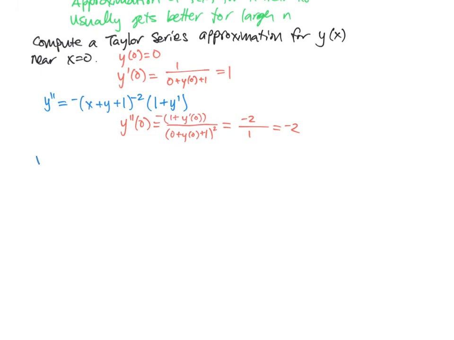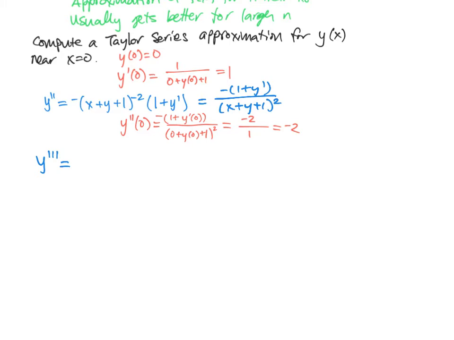And so we can compute y triple prime, which is going to be equal to, let's rewrite this as negative 1 plus y prime over x plus y plus 1 squared, and then we can do quotient rule for y triple prime.